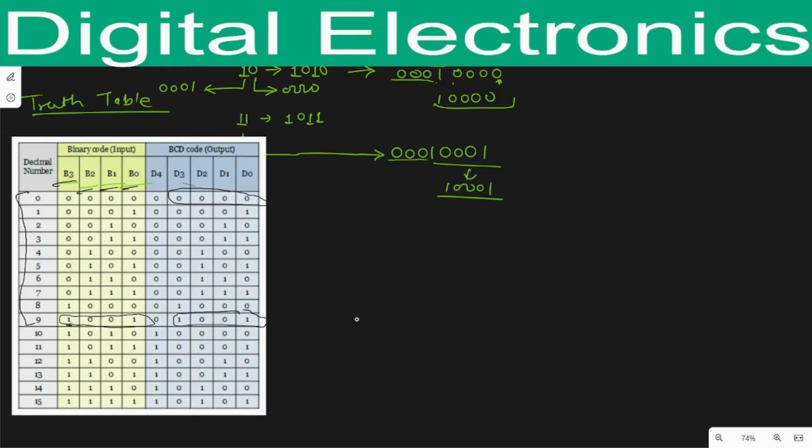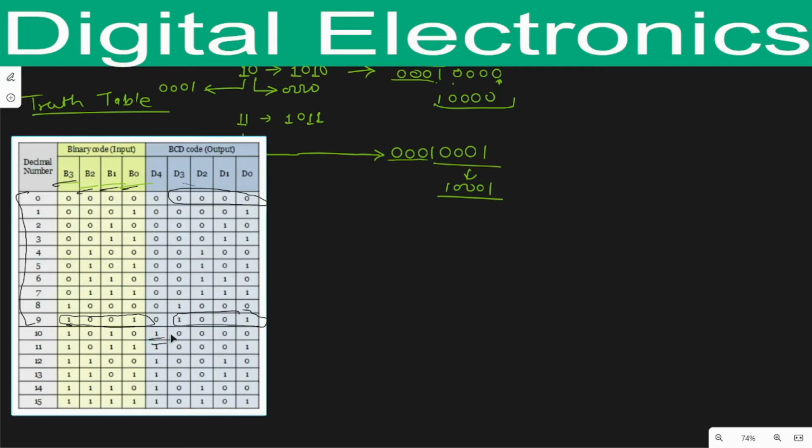But when we take the next number, 10, the binary representation of 10 will be 1010. But when I want to represent 10 in BCD, we need an extra bit. That's why I have made one extra column D4 to convert the numbers 10 to 15 into BCD. So to represent 10 we write 1 here and then 0000. To represent 11 we write 1 here, then 0001, the same for 12, 13, 14 and 15.